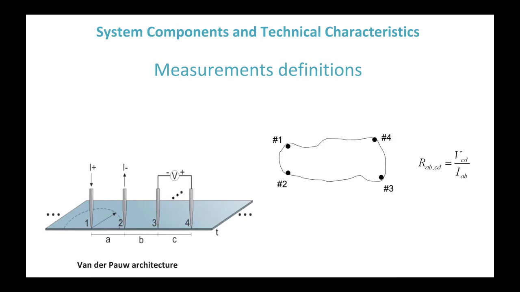The voltage V34 is a DC voltage measured between contacts 3 and 4 with no externally applied magnetic field, measured in volts. The resistivity rho is measured in ohm meters. The thickness of the sample t is measured in meters, and the sheet resistance Rs is measured in ohms per square.